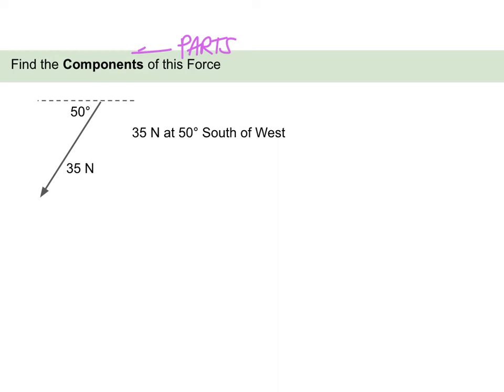To do that, we again want to picture a right triangle that includes that 50 degrees within the triangle. I need that for my work. And the 35 newtons, the diagonal force, is going to be your hypotenuse. So that's how that triangle should be set up.